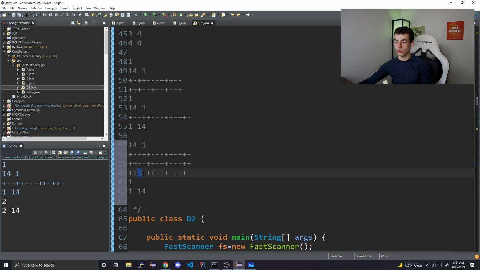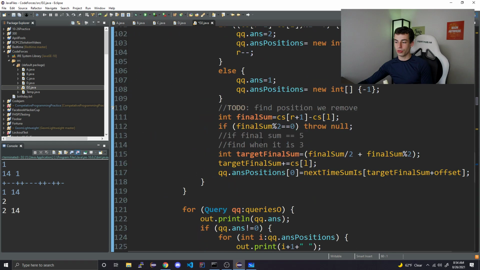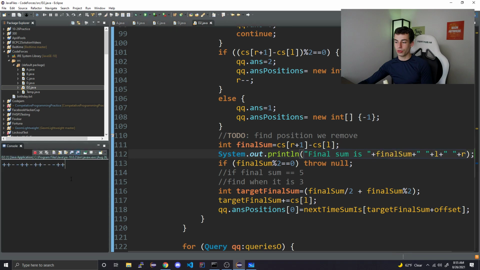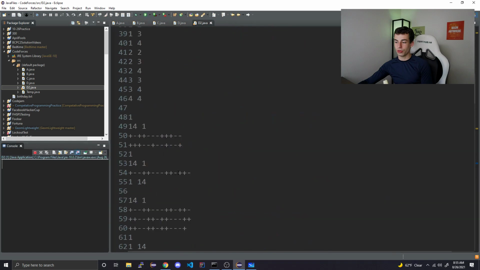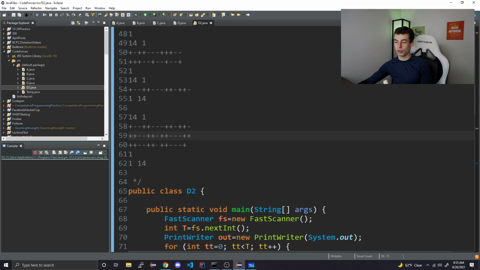Okay, what is the sum here? Oh, -1. All right, let's print some stuff here. So this is what I was looking at, or what was I just looking at?